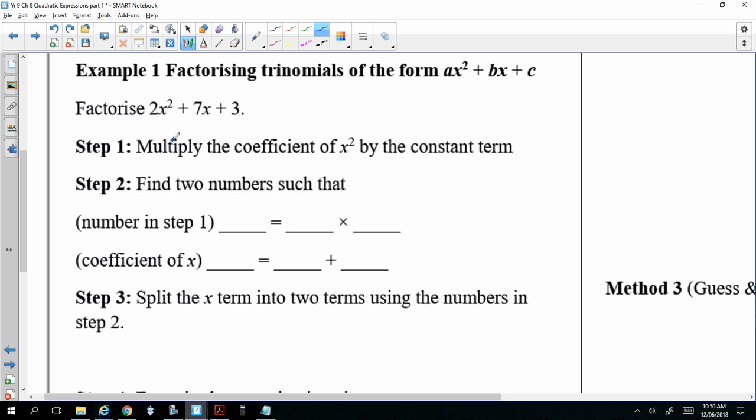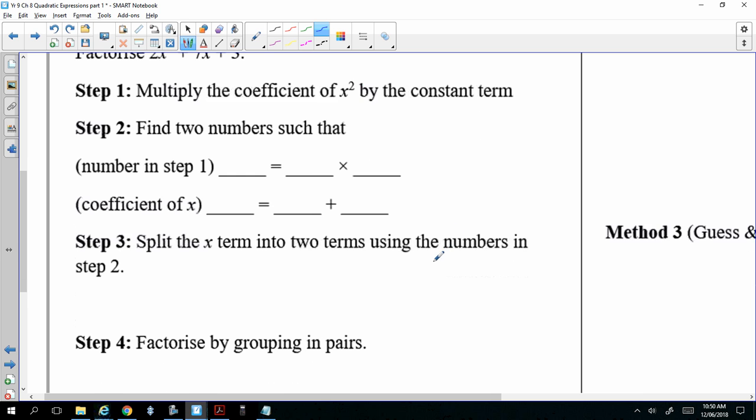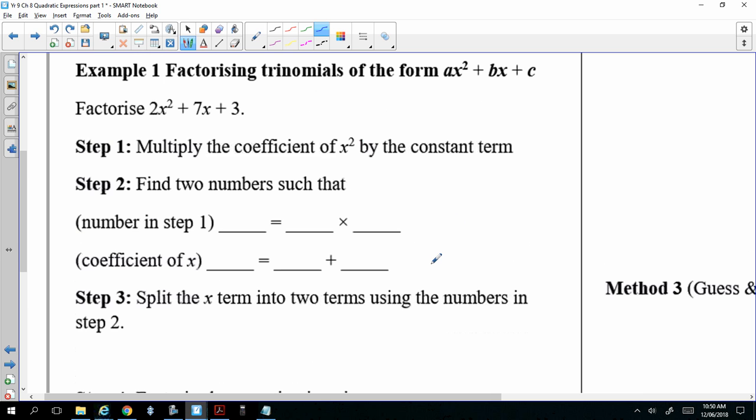First step, multiply the coefficient of x squared by the constant term. So the coefficient of x squared is 2, times the constant term 3, equal to 6. That's the first step.